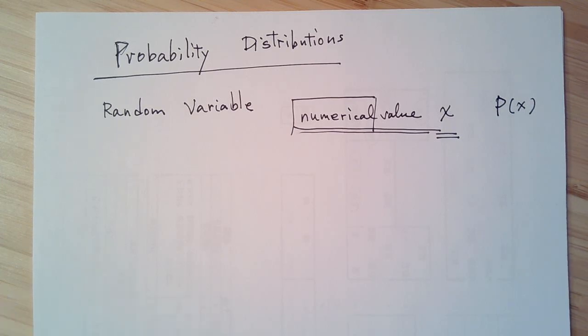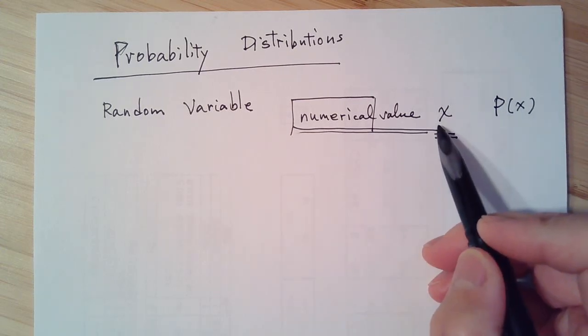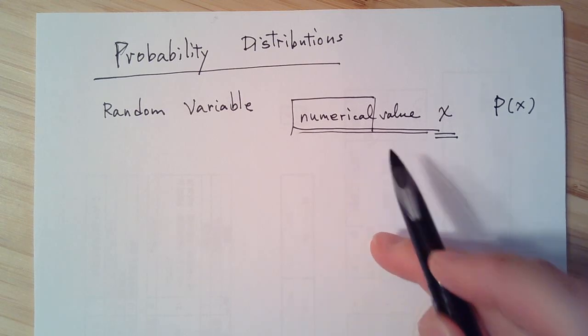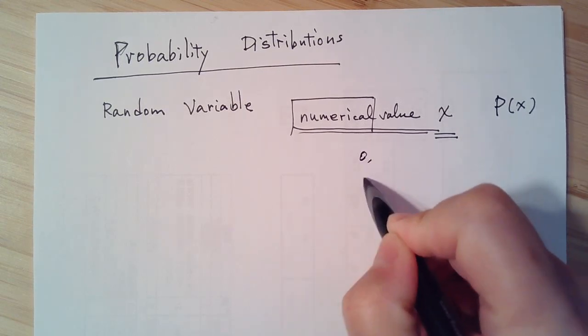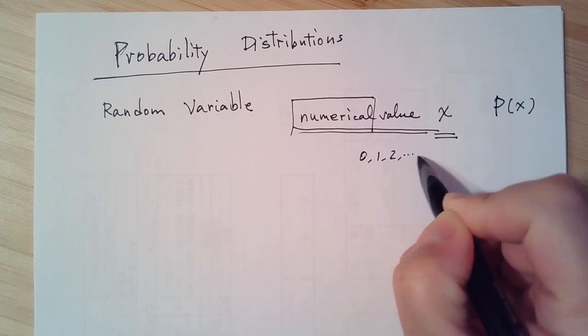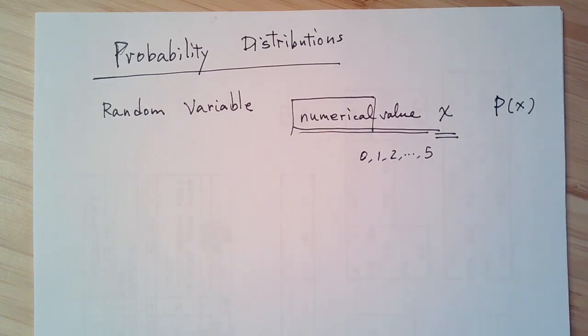Now, what could be the random variable? If you toss a fair coin five times, how many heads are you going to have? So x represents the number of heads in those five tosses. That could be 0, 1, 2, 3, 4, 5.